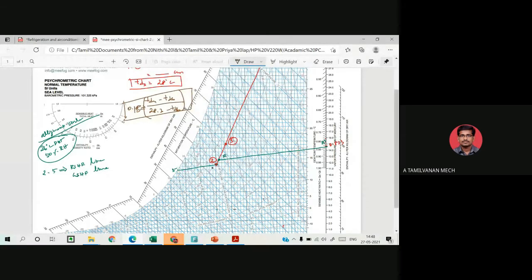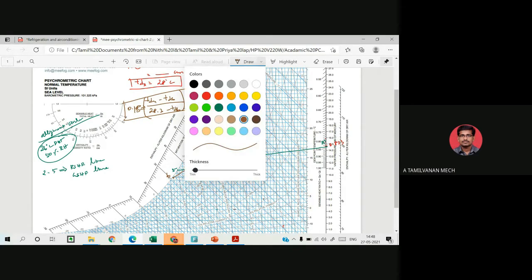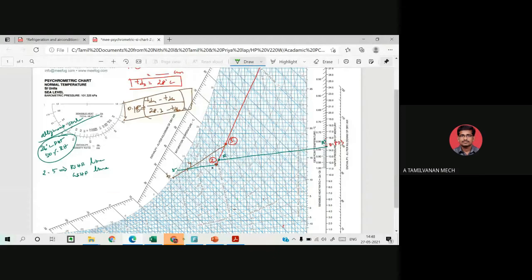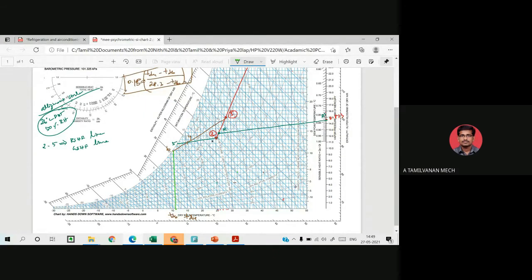After the trial and error method, you fix the line: this is the 11 and this is the 3. You draw the line between 11 and 3. I am just roughly drawing this, not exactly using a scale. This is the point number 6 and this is the point number 4.